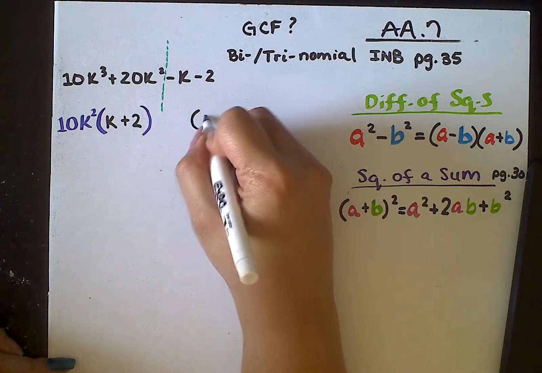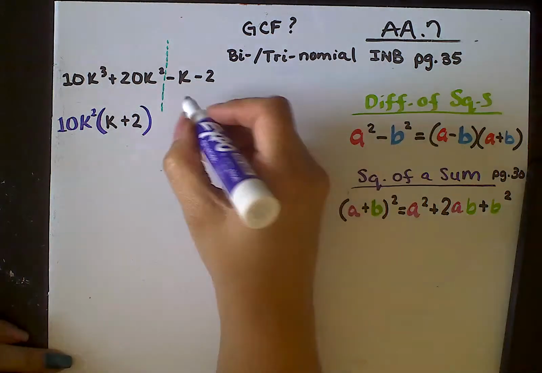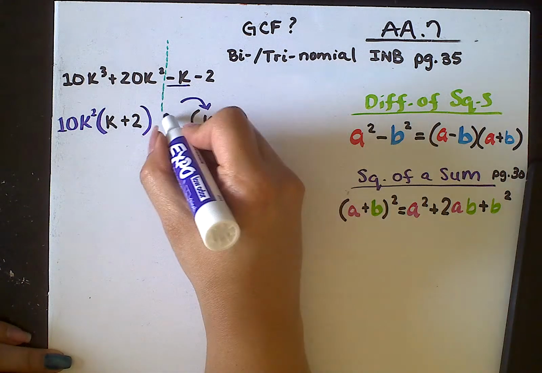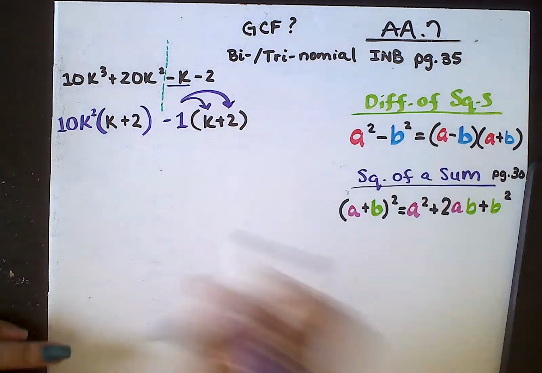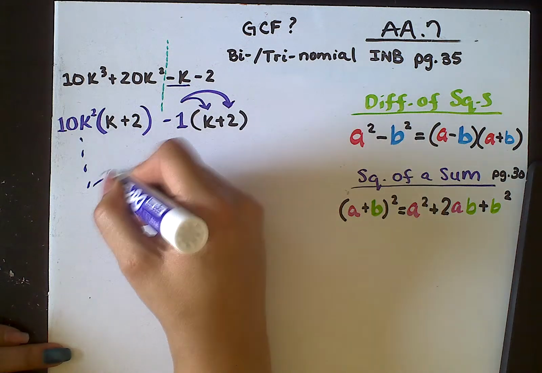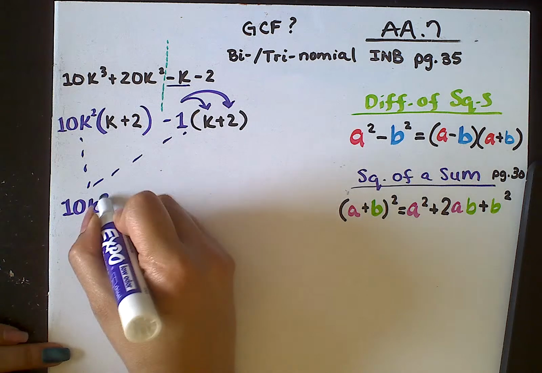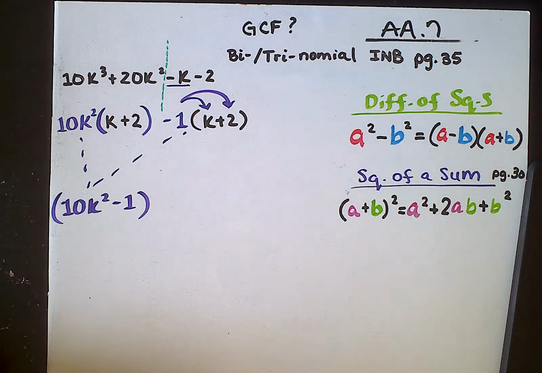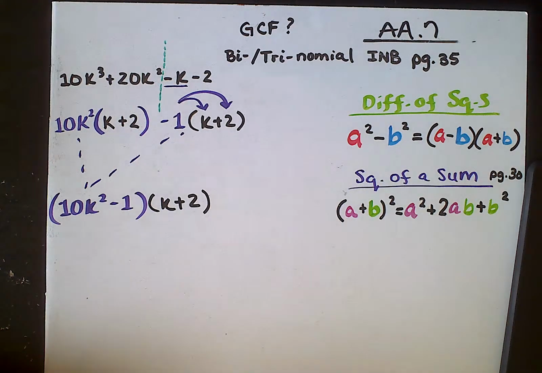So let's bring over k plus 2 over here. Now, what times k is going to give me negative k? It's like negative 1. And negative 1 times 2, that's negative 2. Don't you like this? This is nice and simple. It's breaking down that factor by grouping and giving us just the simple part first. And then we have k plus 2. Perfect.